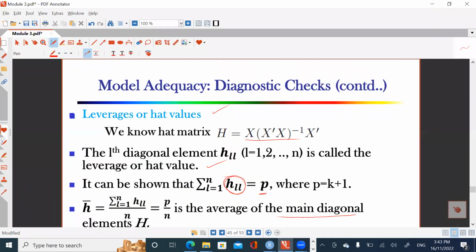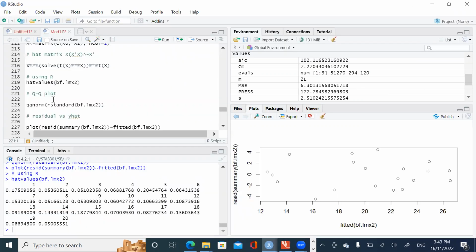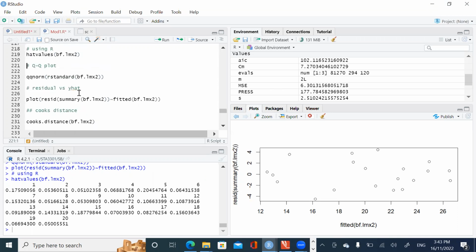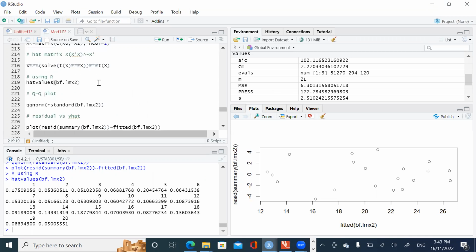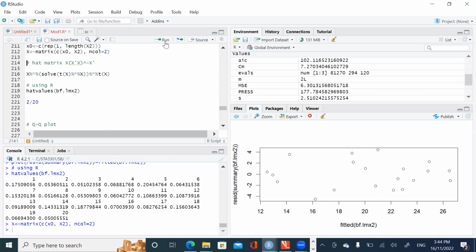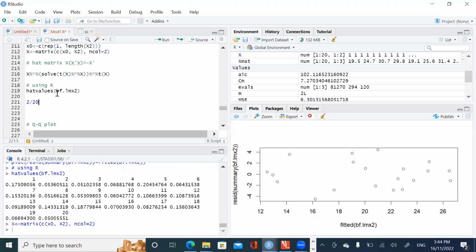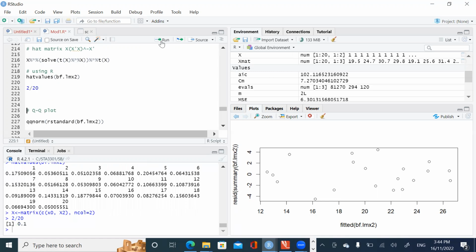It says P by N. P in this particular example is only 2 because I have included only one independent variable, that is x2. So P by N is 2 divided by N, which is 20, so 2 by 20. This is 0.1.